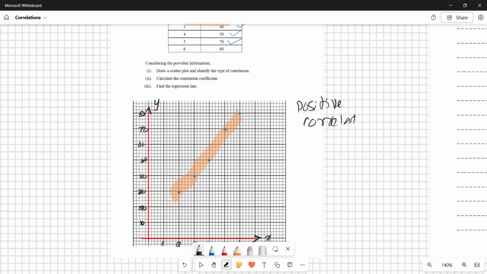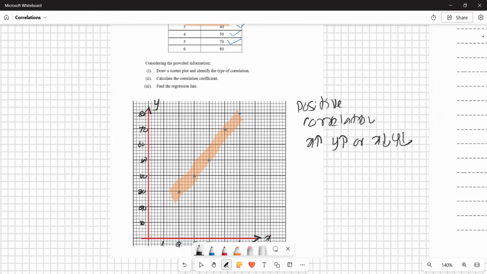If you get the other direction, it is a negative correlation. But this is a scatter plot. That means X increases, Y also increases, or X comes down, Y also comes down. This is positive correlation.